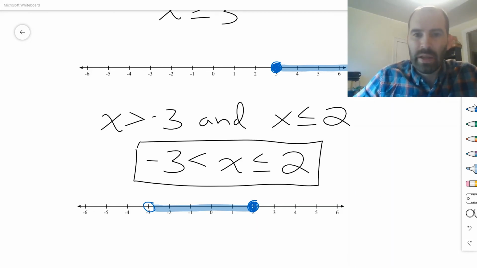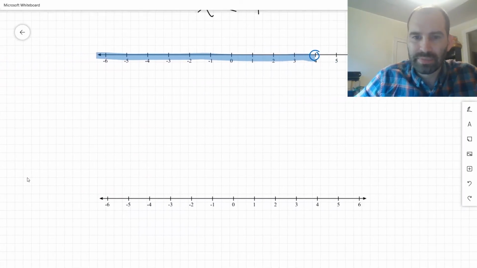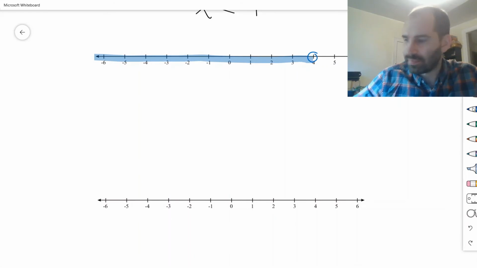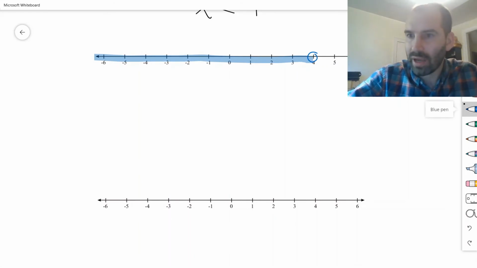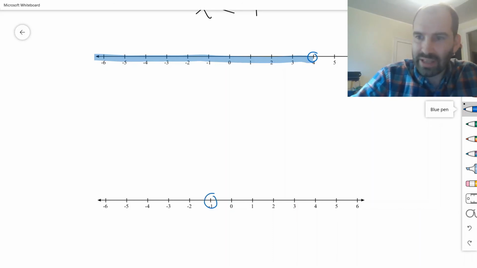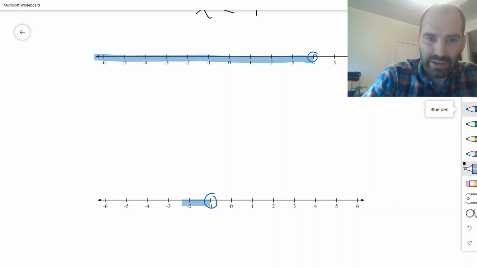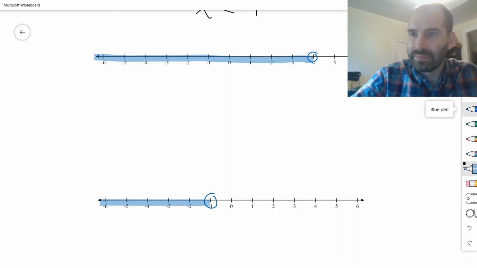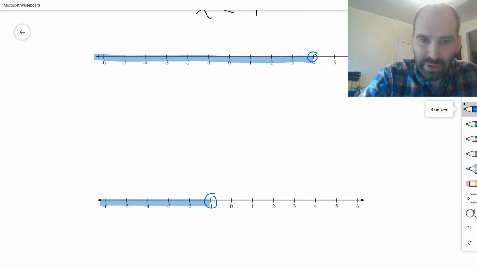Okay. So let's look at one more. We'll look at a picture where this time I'm going to shade differently here. So let's have the numbers that are less than -1, and let's fill that one in. Let's do it on this side this time.